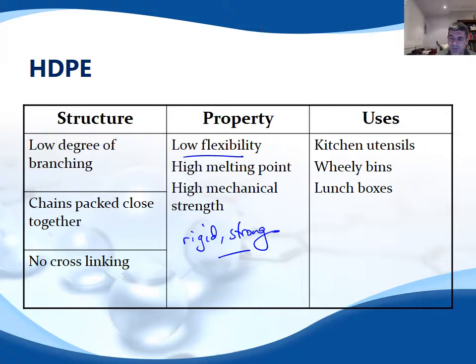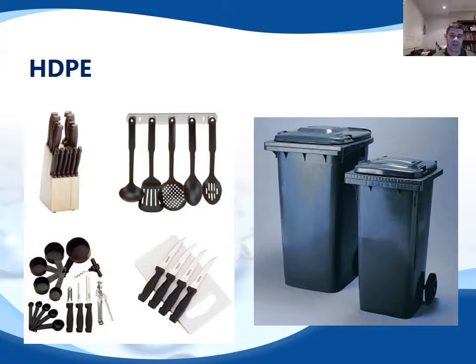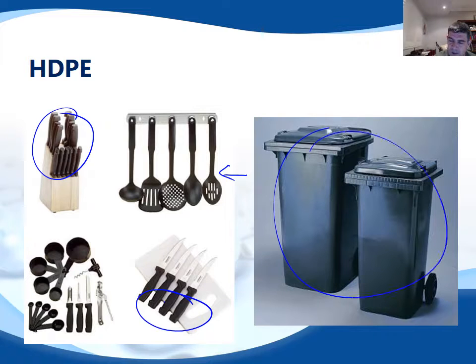As a result, things like kitchen utensils, wheelie bins and lunch boxes are the sorts of things that you find made out of high density polyethylene. Handles of knives and these sorts of plastics tend to be more of the high density polyethylene type, and I'm sure we're all familiar with wheelie bins.